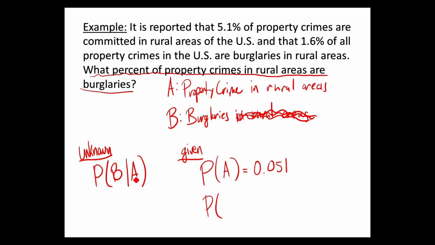Yeah, and I think your answer is correct, and we're going to be able to see that. What is this 1.6%? It's the probability of what? Of all properties in the U.S., these are burglaries in rural areas.